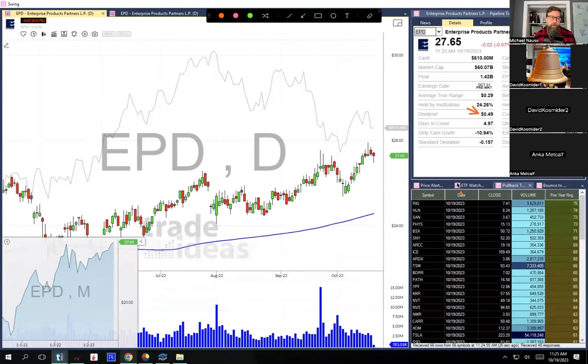Now, stocks making new 52-week highs, new multi-month highs, generally speaking, aren't going to cut their dividends because everything's going well. But you don't really buy something like this for capital gains because, hey, maybe it gets all the way up there. Well, that's $30, right? So that's going to take months or longer, unless there's some crazy news that comes out.